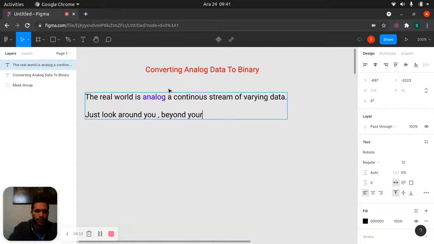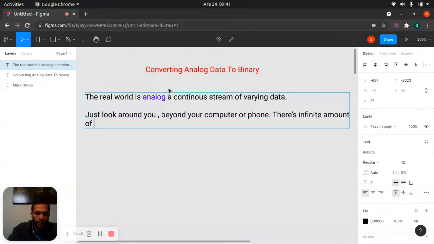There is an infinite amount of visual information. This one is good information.